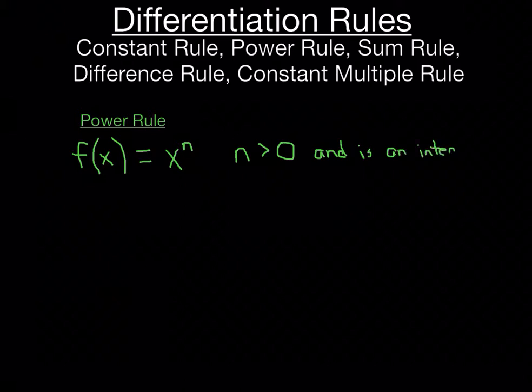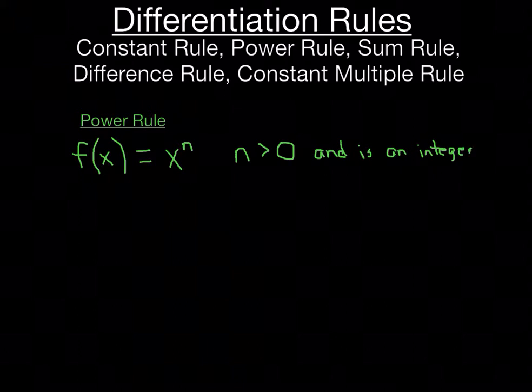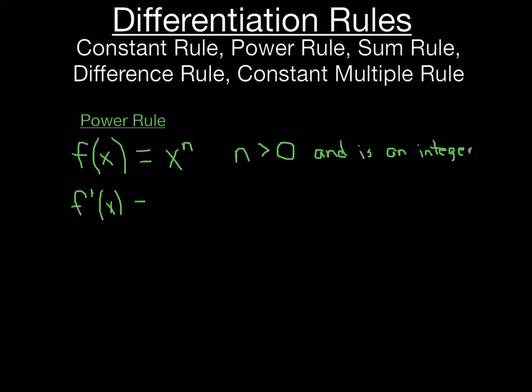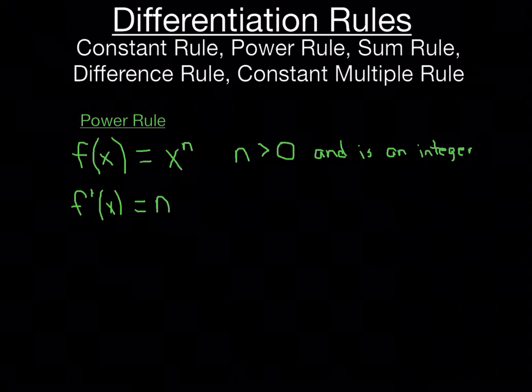We'll take a look at examples later on in other videos if n is a negative number or not an integer. But in this particular case, the derivative of f of x is equal to, you take the exponent, which is n, and you place it in front and use it kind of like a constant or a multiple or multiplier of x, and then you decrease the exponent by 1.